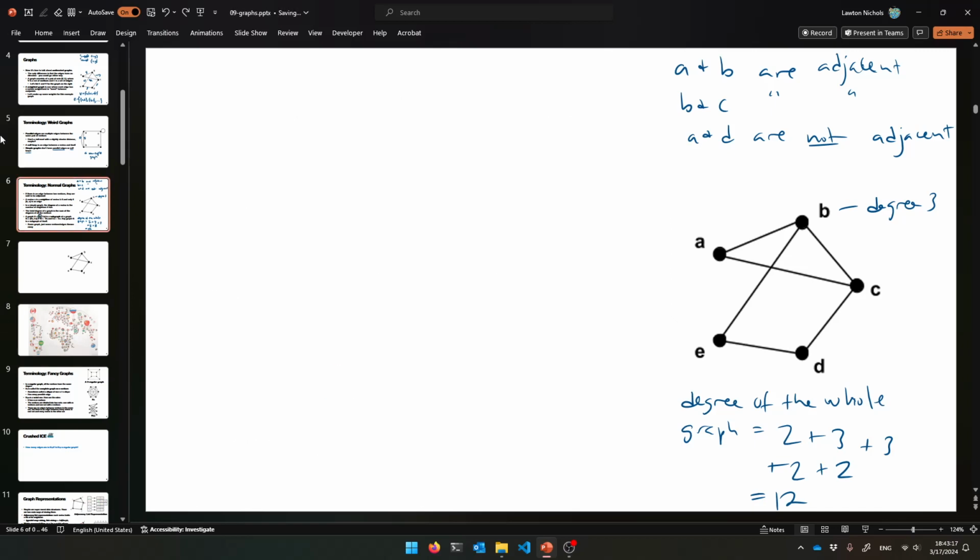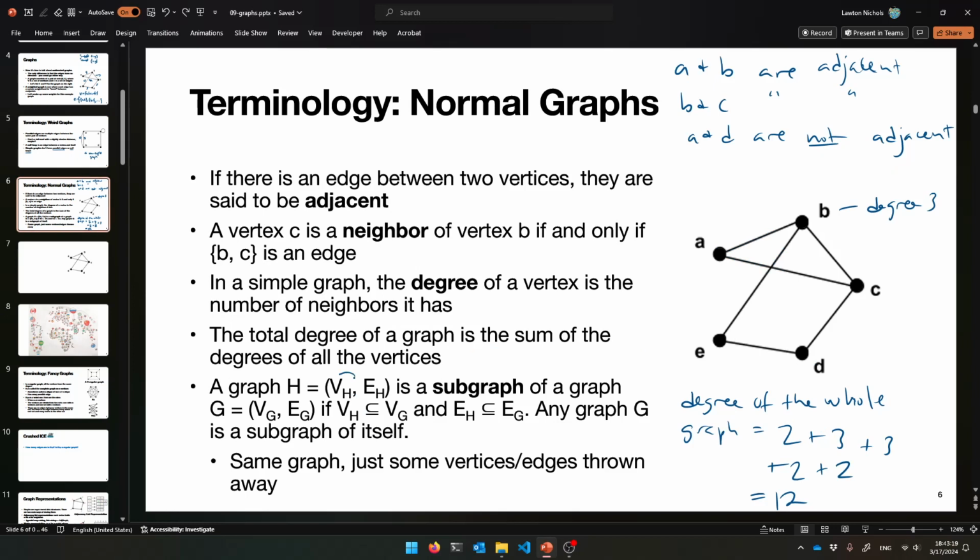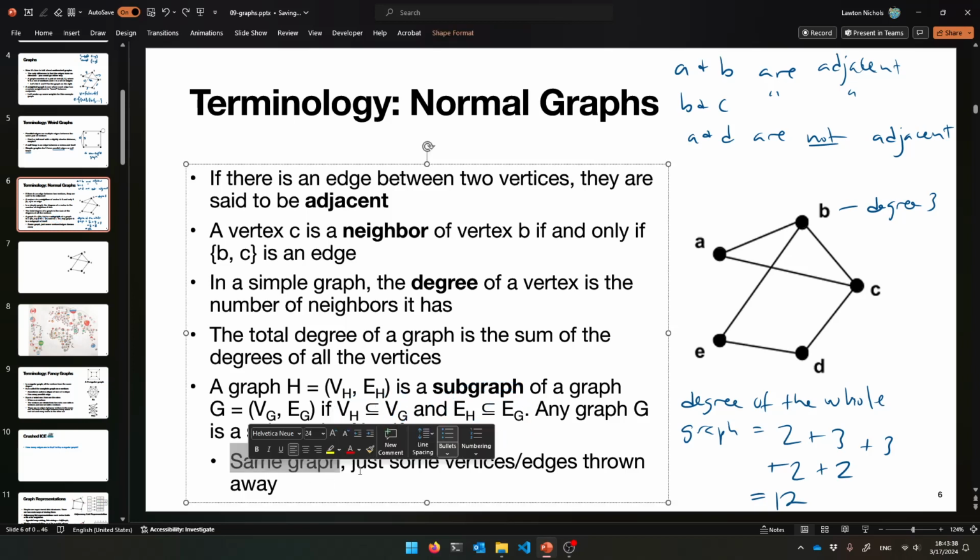If this is a subset of this guy, it's a subset of vertices and a subset of the edges. Like you pick out the ones you wanted. So the vertices of the subgraph are part of the original graph. It's like a subset, the edges, and you pick out a few of the edges of the original graph as well. Okay, so it's just like it's the same graph. You've just crossed out some vertices and edges. You pick the ones you want.